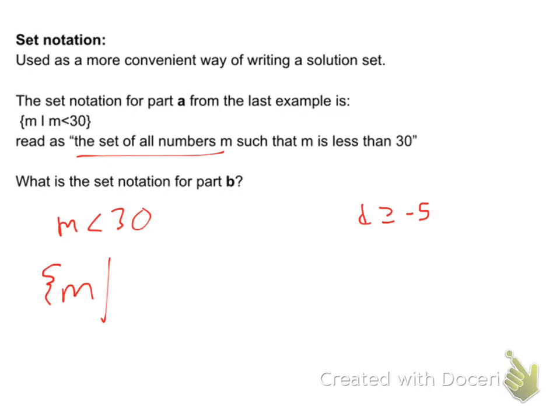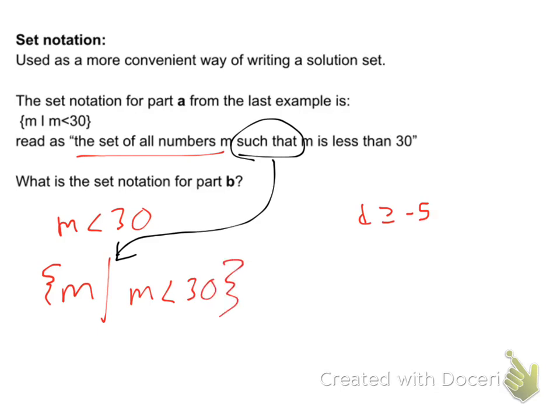That straight line is what we say as "such that," because it's not all m's. I can't put all m in. It's supposed to be less than 30. So therefore, I put my restraints in. M has to be less than 30.